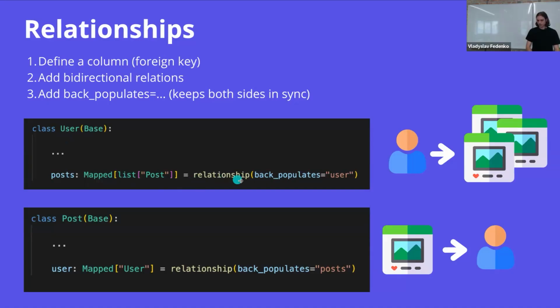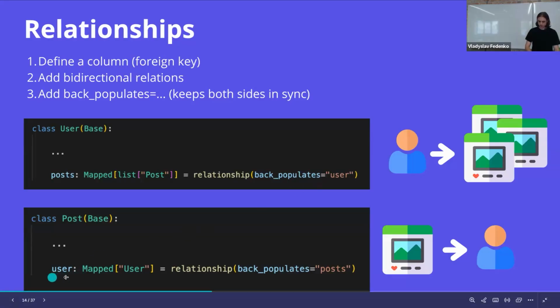And we have the function relationship where we specify the field back_populates and then "user". And what is "user"? It's the name of this relationship in class Post. So in Post, we have the field user.